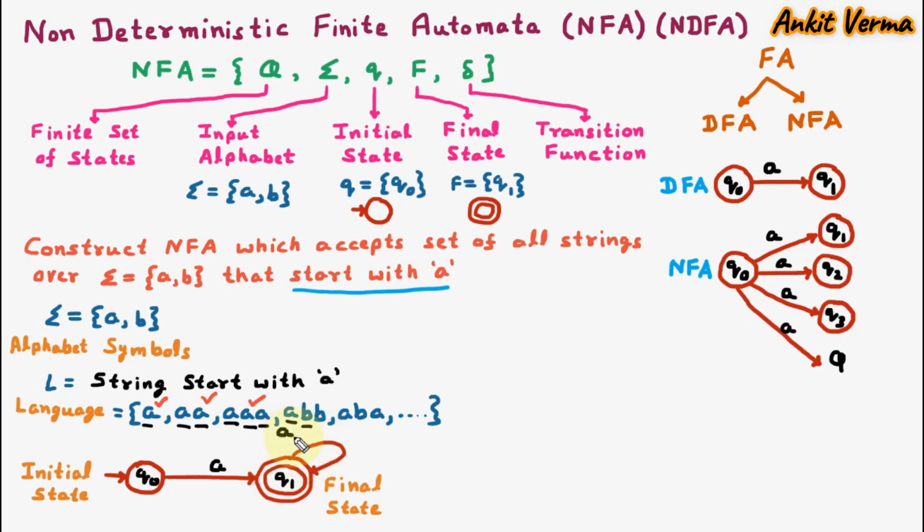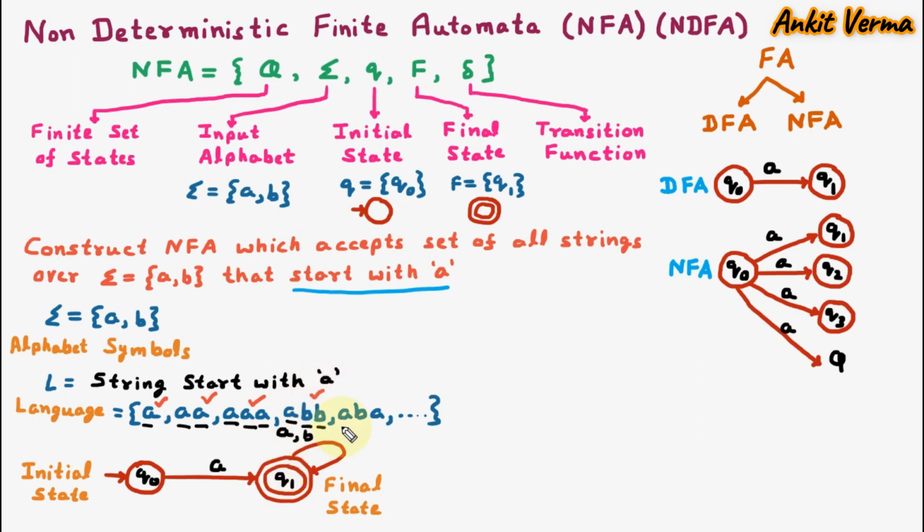So here I am putting comma B. That means for B we come back here on Q1. Then for the next B, again we come back to Q1. This keeps repeating because once we get A at the start, if A is coming or B is coming, we should accept it. So this string is accepted by the NFA.